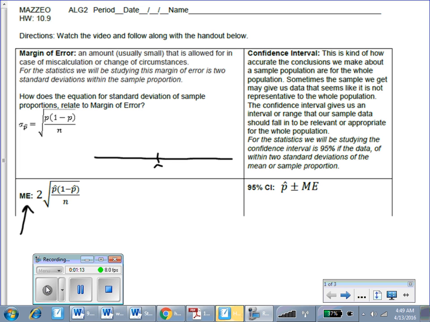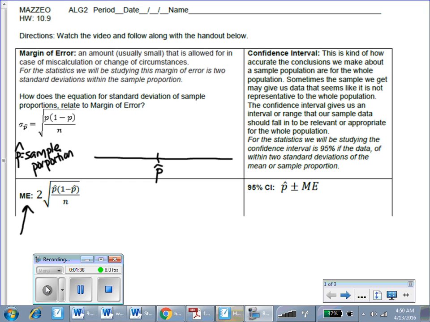I'm going to put our sample proportion. That's what this means. It looks like a P with a little hat on top of it, so sometimes it's referred to as P hat. We'll just call them sample proportions. It literally means a proportion of a sample.